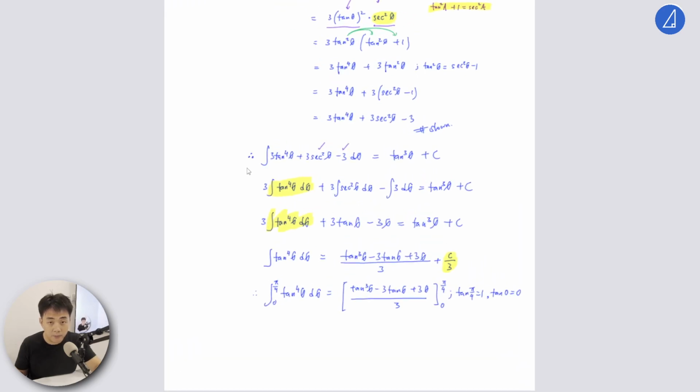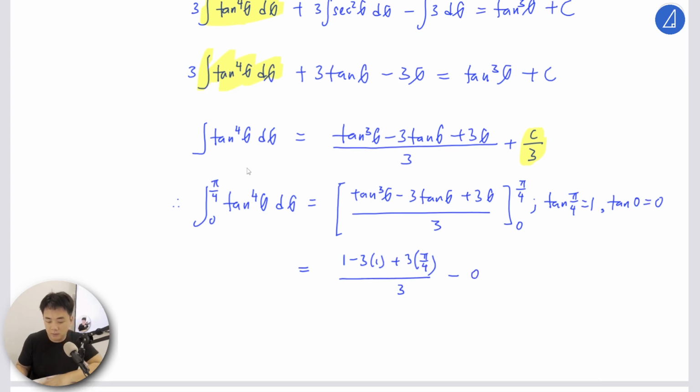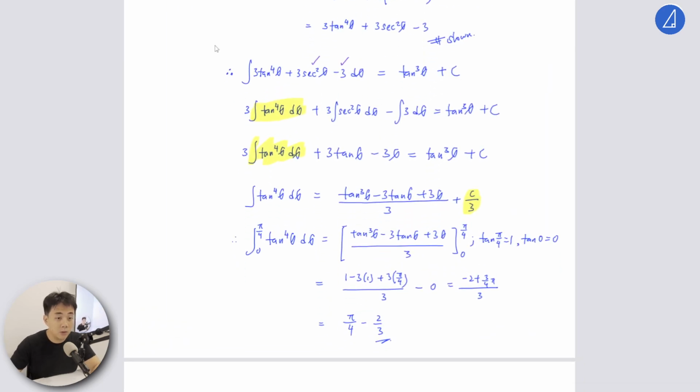Tangent 0 is 0. So that's that. Then we're going to just substitute it in. Tangent 45 degrees is 1, minus 1 plus 3 pi over 4 over 3, minus of 0. There you go. This is the answer, I think. So that's the answer. That's how I do this question here proficiently.